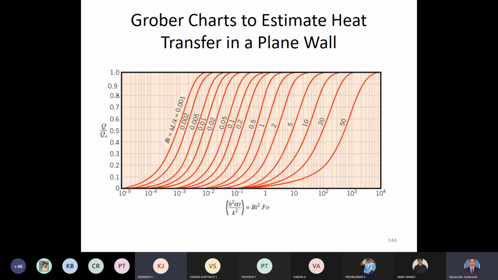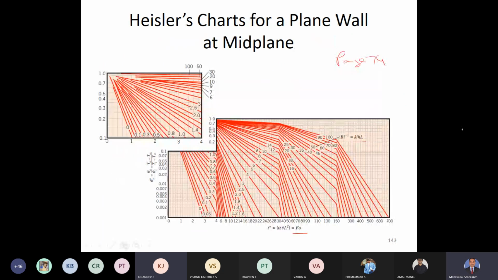Now remember this: Fourier number is 3.07 and 1 by Biot number is 4.8. Okay. On the axis we have 1, 2, 3, 4.